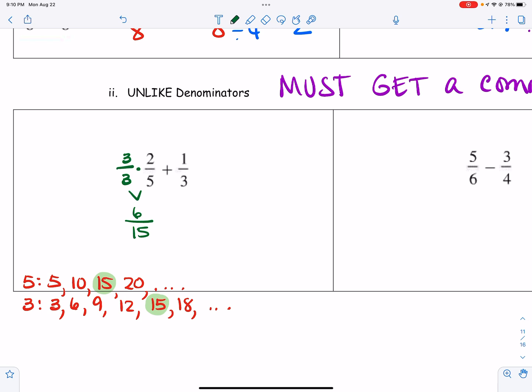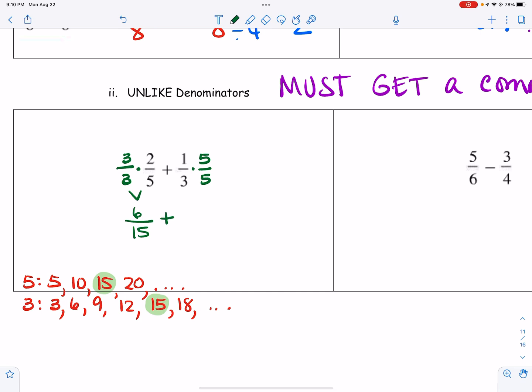I say 1/3. I want to change that 3 into a 15, which means I have to multiply the top and bottom by 5. And so what I'm doing is 5/5 is 1. 3/3 is 1. So I'm just simply multiplying those fractions by 1 and writing them in a different format.